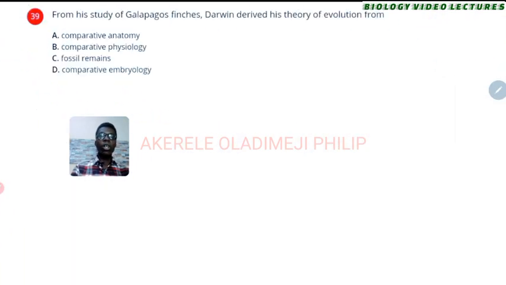From his study of Galapagos finches, Darwin derived his theory of evolution from, well, what happened actually was something called adaptive radiation, which is from divergent evolution. Now, adaptive radiation simply means we get new species, or new structures or new functions from the environment.